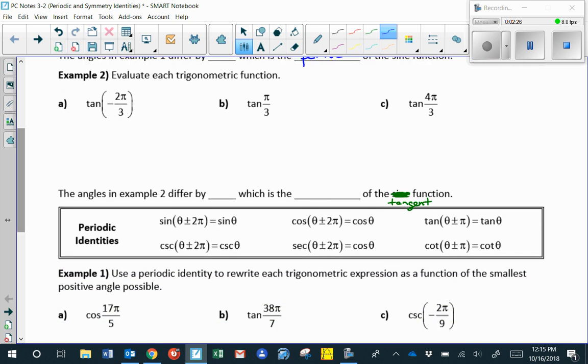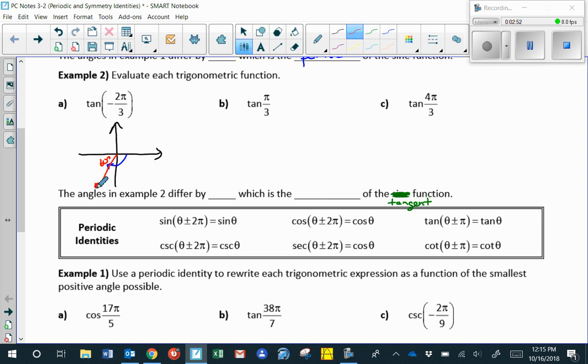Let's take a look at some expressions involving the tangent function. Tangent of negative 2 pi over 3. That's a clockwise direction angle, and that's 60 degrees short of a half turn.